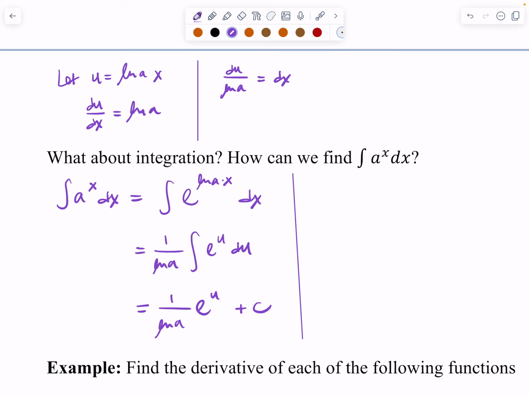Substituting what we let u equal to back in, we have the 1 over natural log of a, e to the natural log of a times x, plus c. And then again, we remember that this simplifies to just be the base of a. So the integral ends up being a to the x over natural log of a plus c.